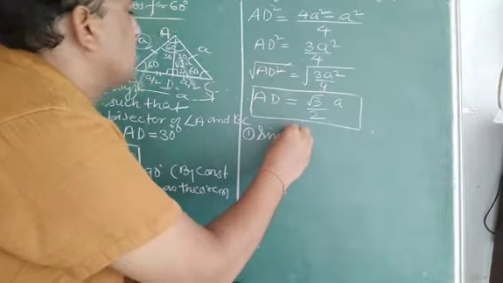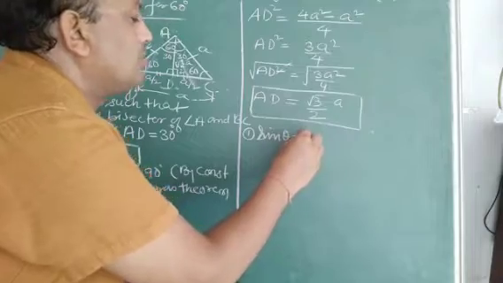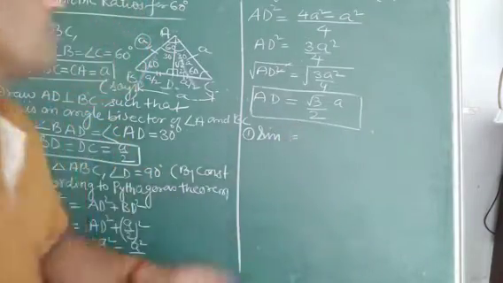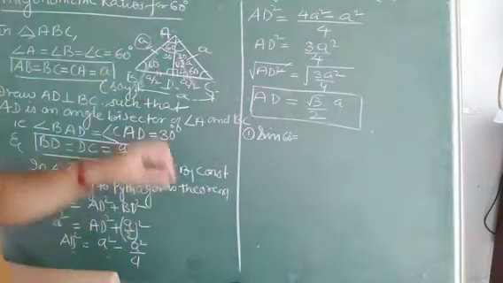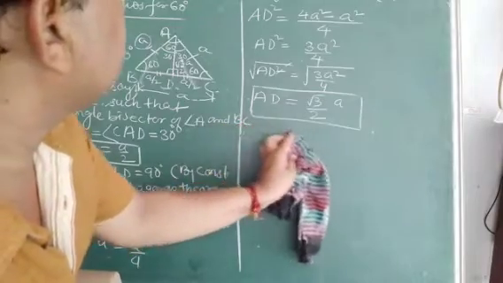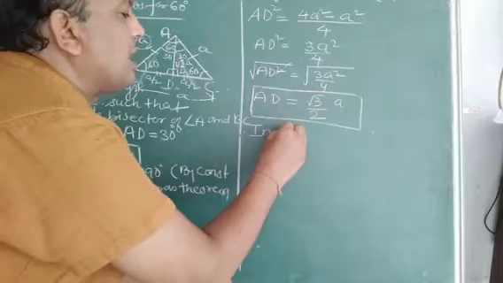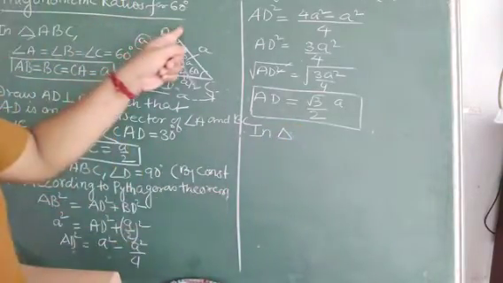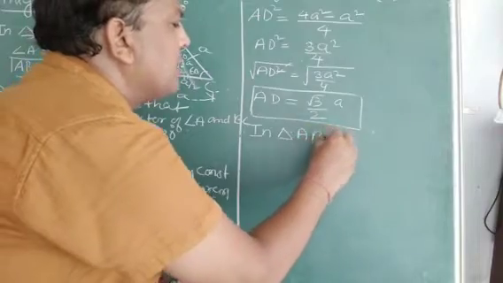Sine theta is equal to, here theta how much, children? We have to take 60. So sine 60 degree. You can take any triangle, children. So let me write first. In triangle, which triangle are you going to select? I am going to select ADB or ABD.